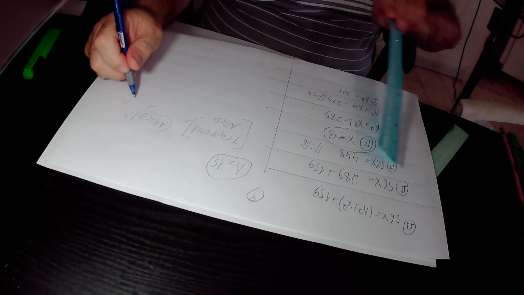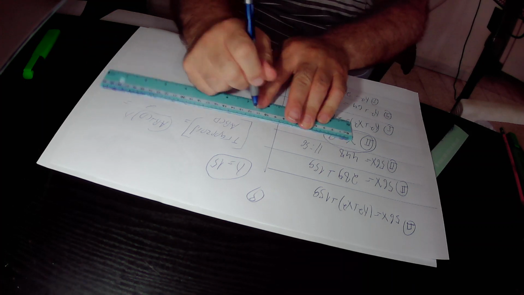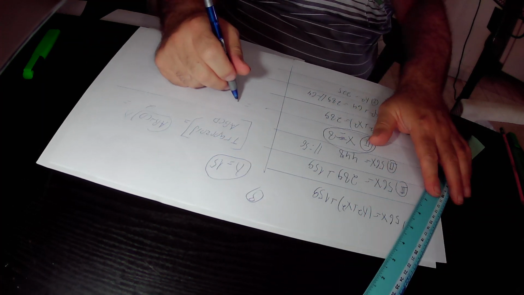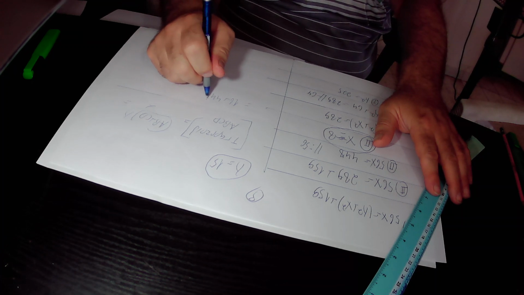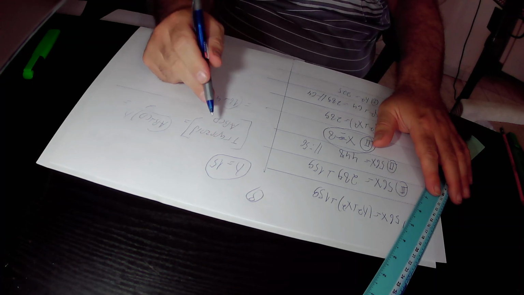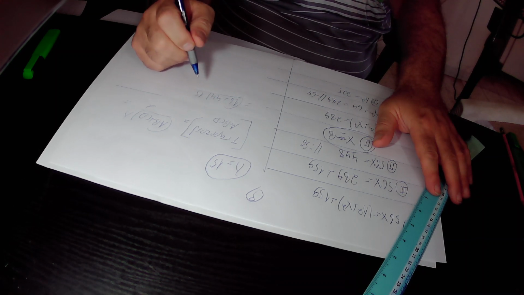So in total, the area of trapezoid ABCD is equal to AB, that is 16, plus CD, that is 44, times the height h, which is 15, divided by 2.